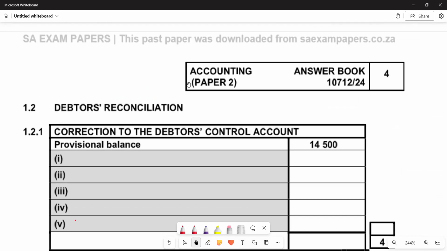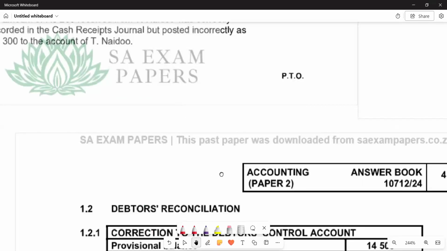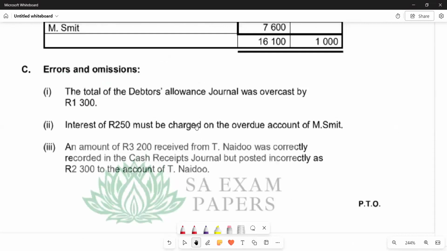So if you go back to our question now, let's go to information 1 and see what it is saying. It's saying the total of the debtors allowance journal was overcast by 1,300. Remember, the debtors allowance reduces the amount that we have for debtors, and it is supposed to be entered on the credit side. And remember, when an error is made in the journal, it's also going to affect the debtors control, because the figures that we put in the debtors control, we take them from the journals or the subsidiary books.